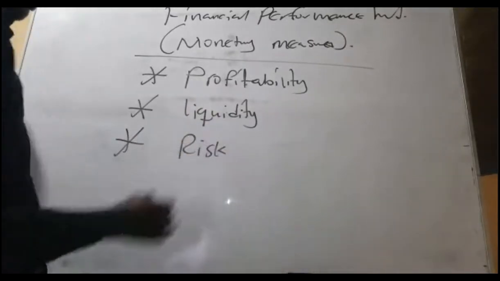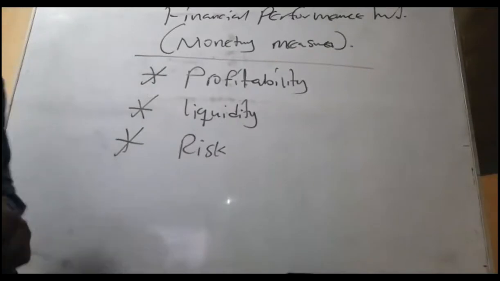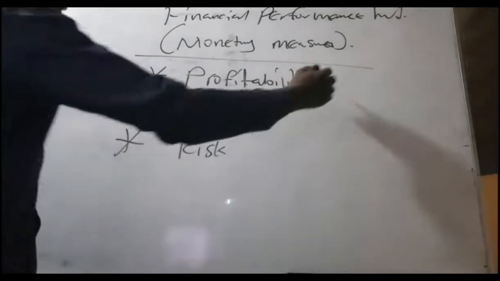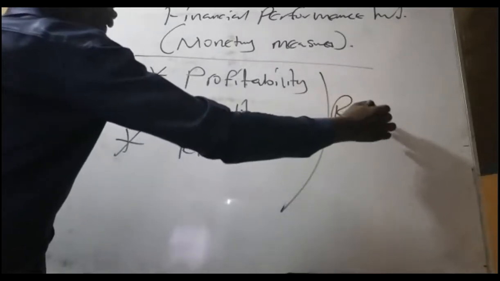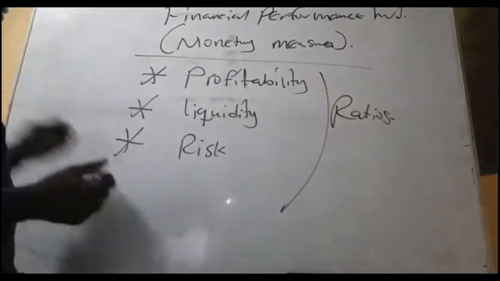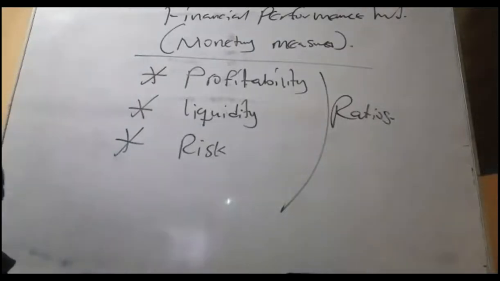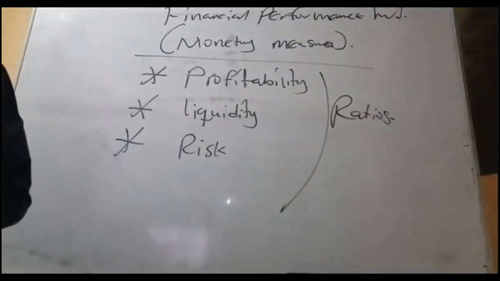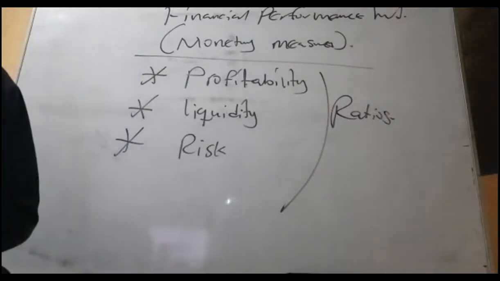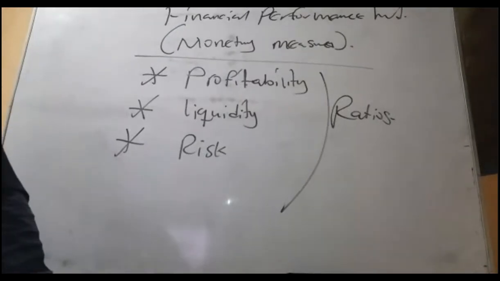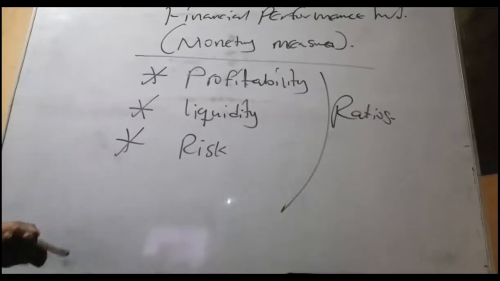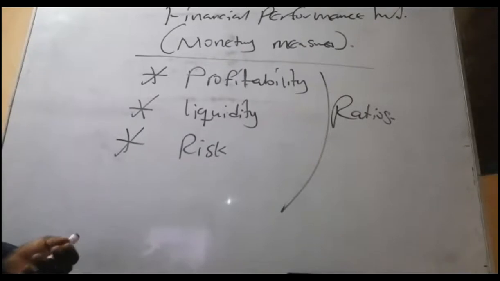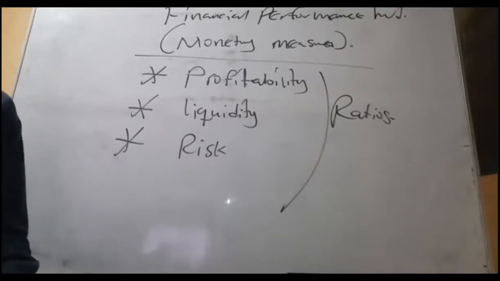Good. So the financial performance, and in fact, these are the ratios: profitability, liquidity, risks, and the other section. So let's give examples of some of the measures, especially the profitability and then the other aspects.